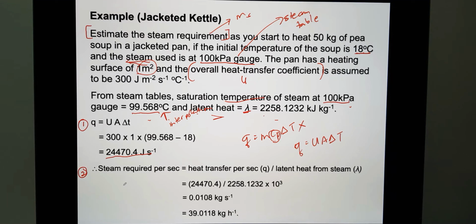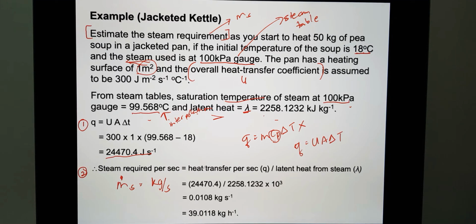What you need to do is calculate the mass flow rate of steam. Basically, we are talking about kilogram per second, steam required per second. So how are you going to calculate the mass flow rate of the steam per second?